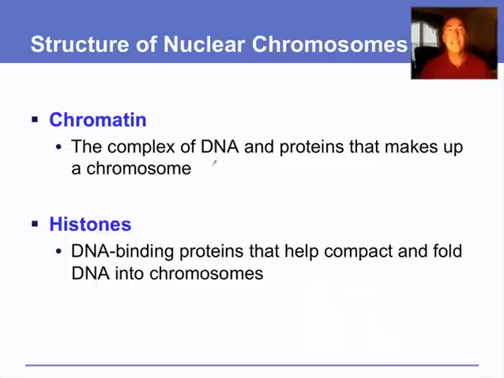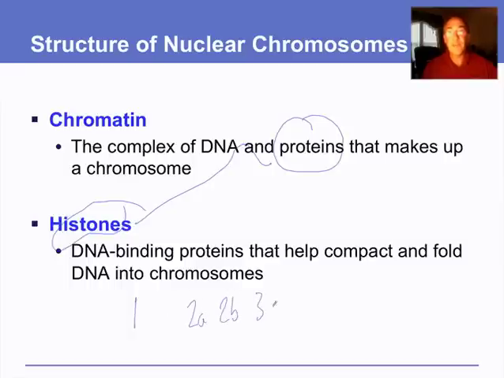We can take this double helix DNA and take some proteins, and that will coil up the DNA into something that's much, much shorter. These proteins here are known as histones. There are 5 different histones: histone 1, histone 2A, 2B, 3, and 4.